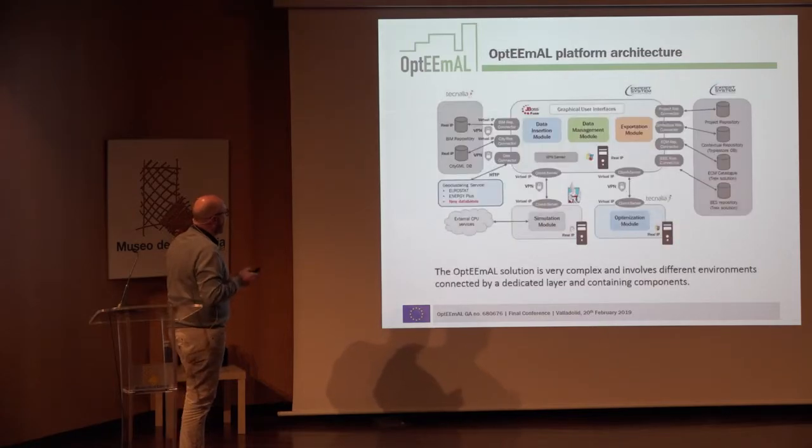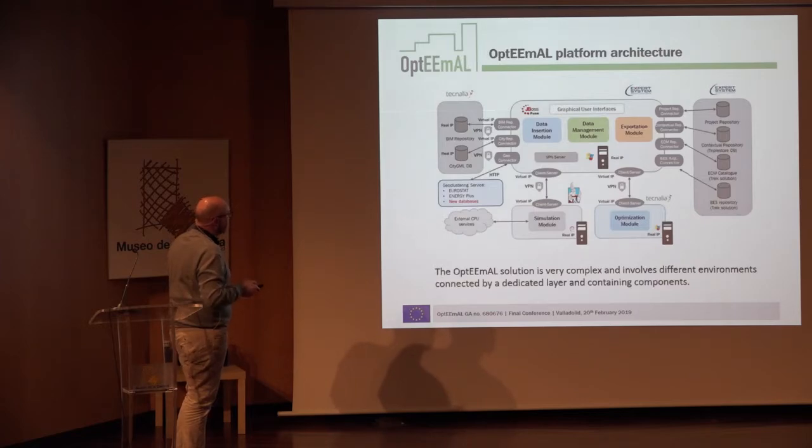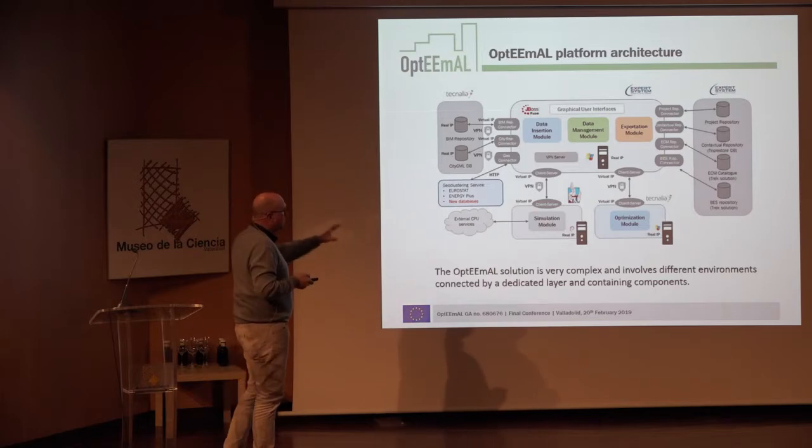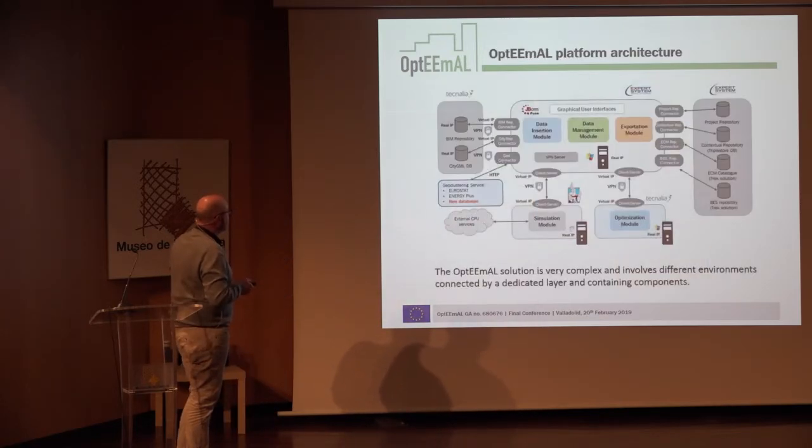Okay, how did we organize the information logically? The information is structured as repositories, which are the physical place where the information is stored. Then we have connectors like these, which are behind the platform and the physical place where they are stored.